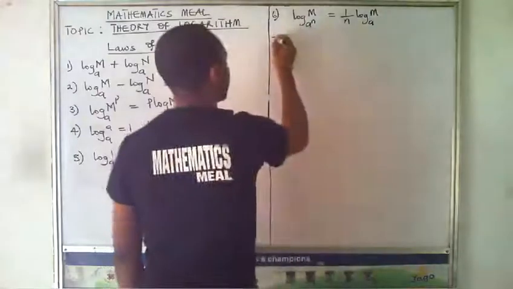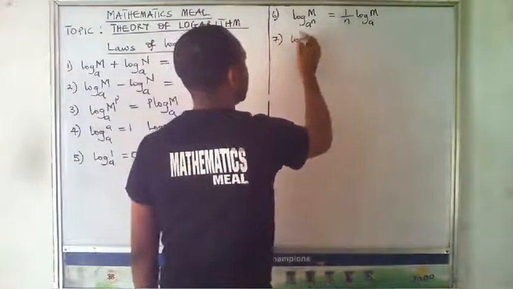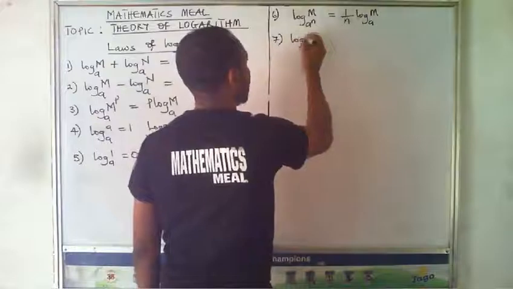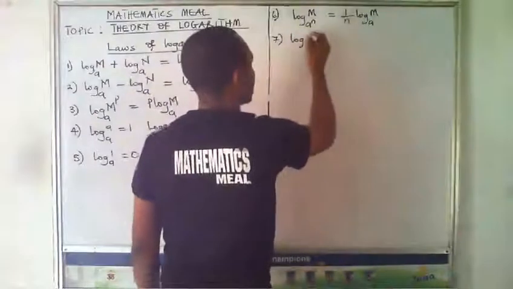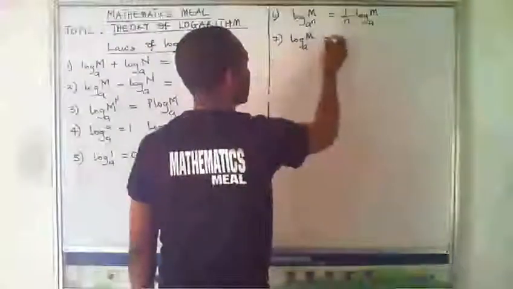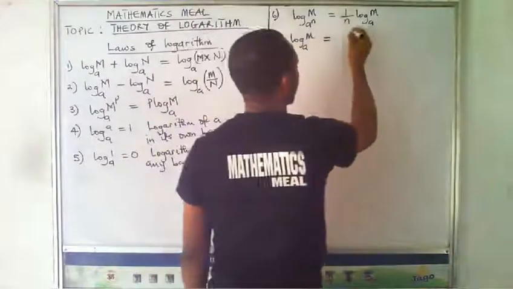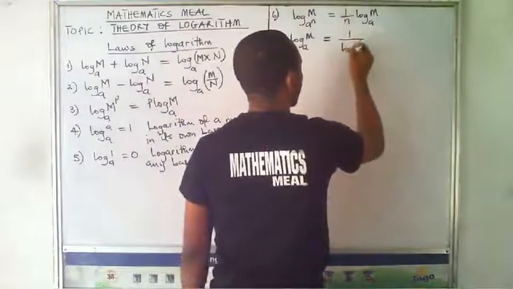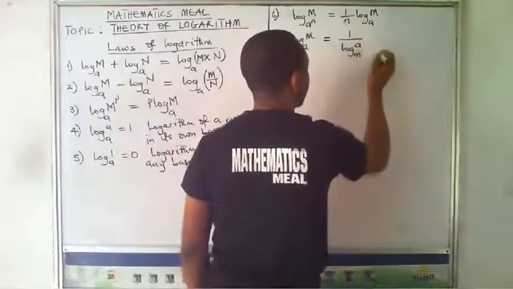And then the seventh law, we call it the change of base law. If I have log m in base a, we are going to have 1 over log a in base m.